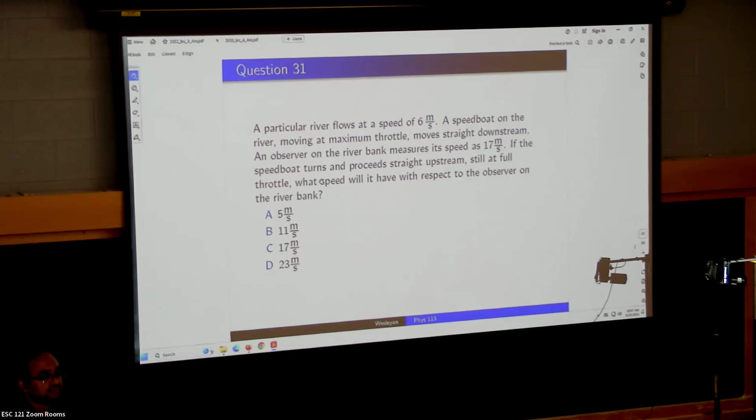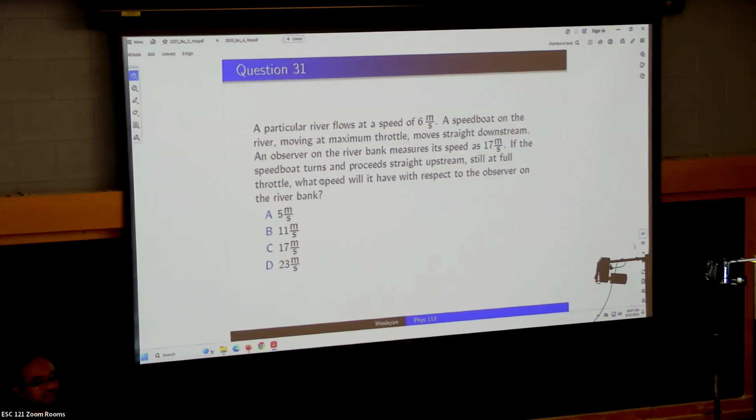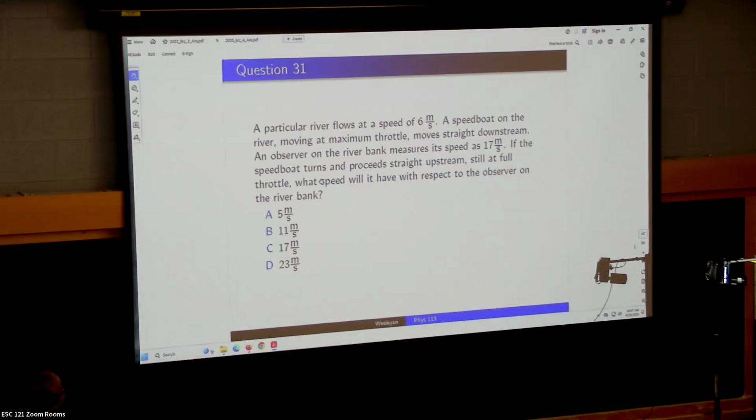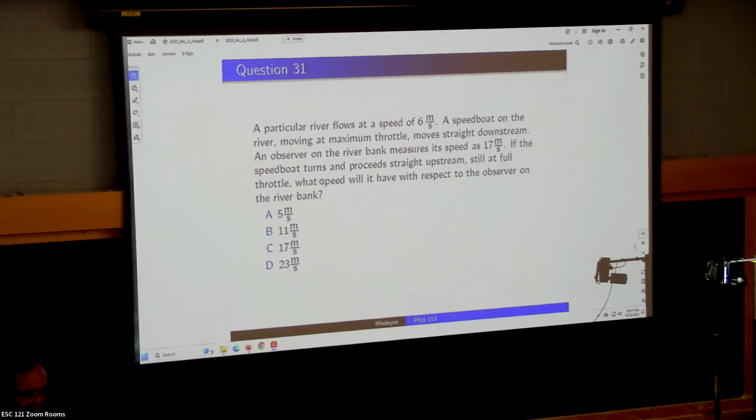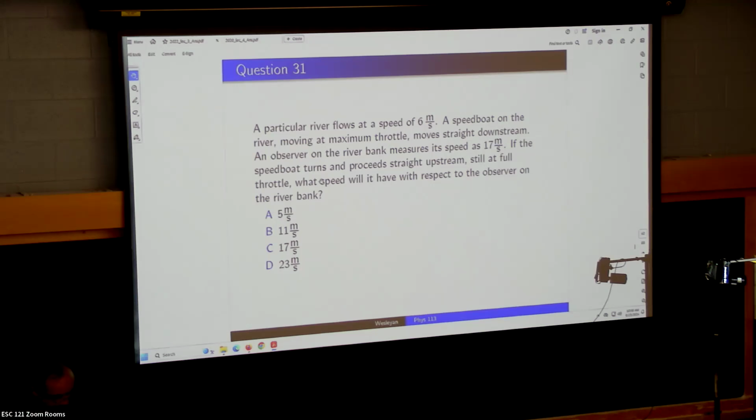People need more time or are you ready? All right, let's take a quick vote on what people think. Okay, pretty evenly split actually. All right, so let's go through it. Just so again I can show you how we set up the problem. I'll put the relevant information on the whiteboard, and then I'll screen up so I can use the blackboard.